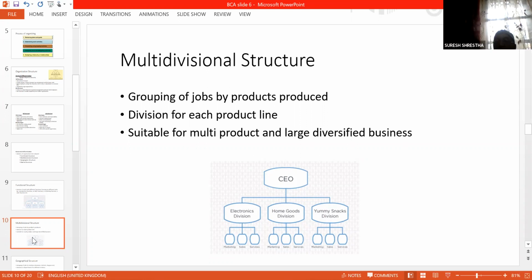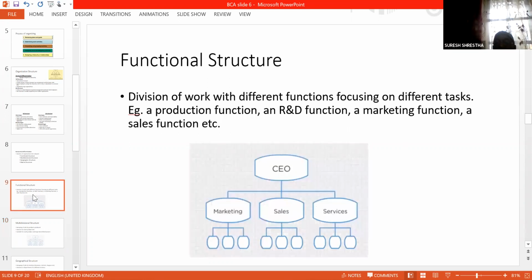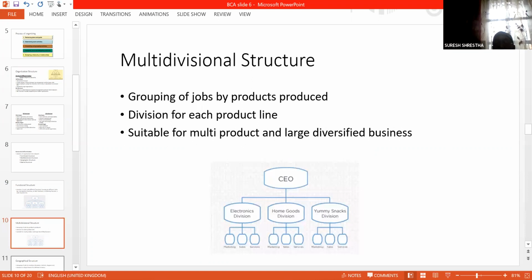For each of these product line, you will have separate specialized functions. Whereas you have first divided into functions, and then those functions will take care of all the different product categories of the organization. Bujo?